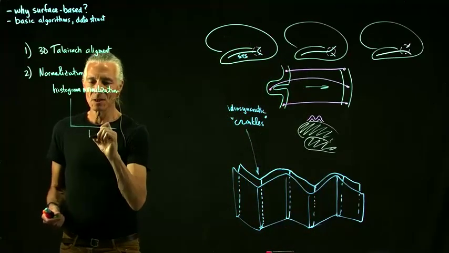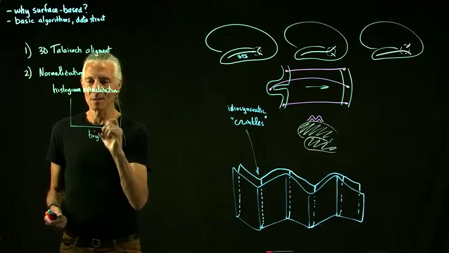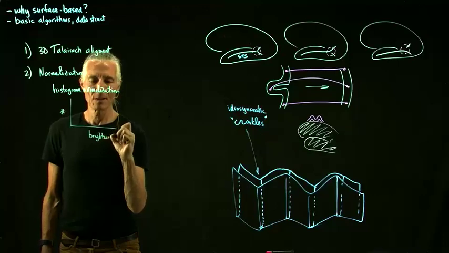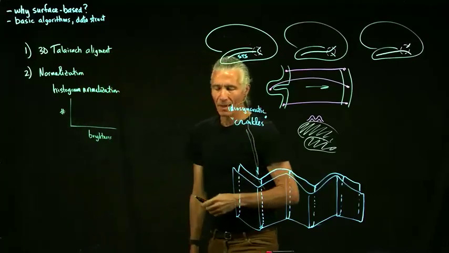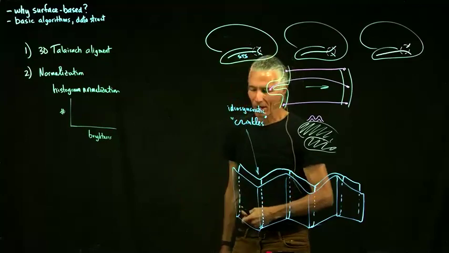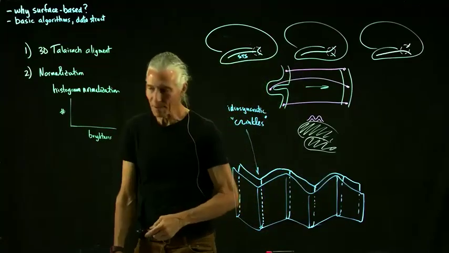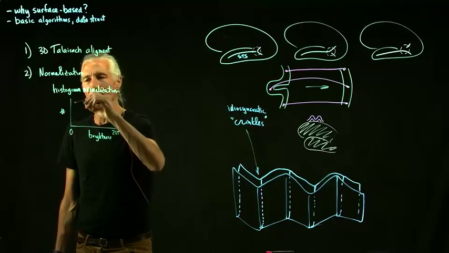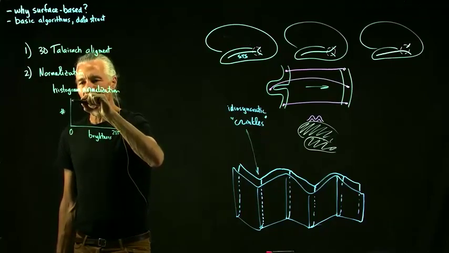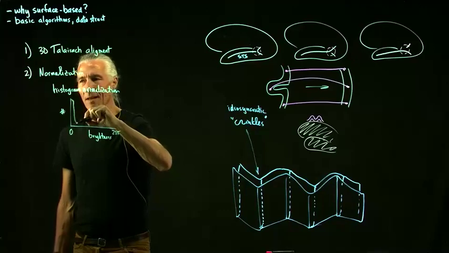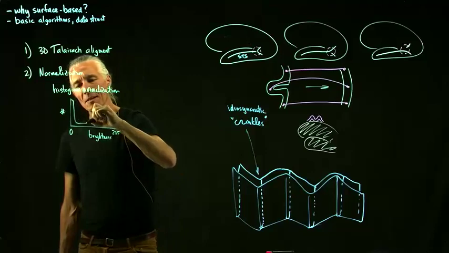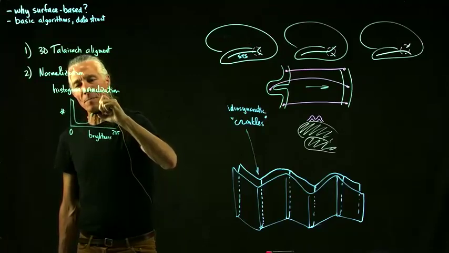Basically this axis is just brightness of the voxels, and this is just count, just number. If you take a little chunk of the brain and make a histogram of it, what do you get? Say this is 0 and 255. You ought to get a whole bunch of black, and then there ought to be another peak that's gray matter and a second peak that's white matter.